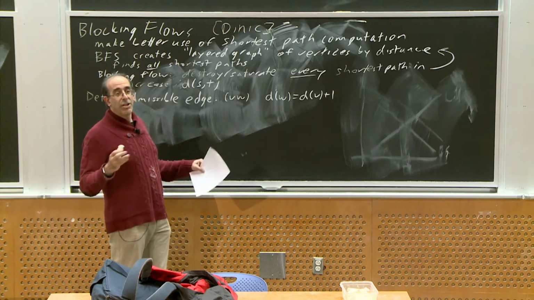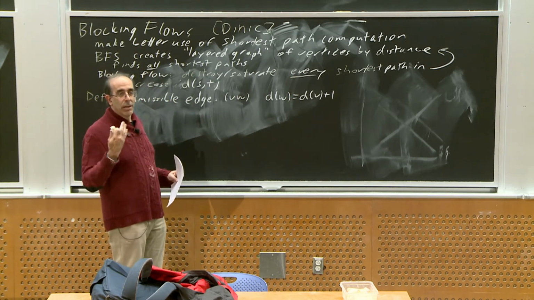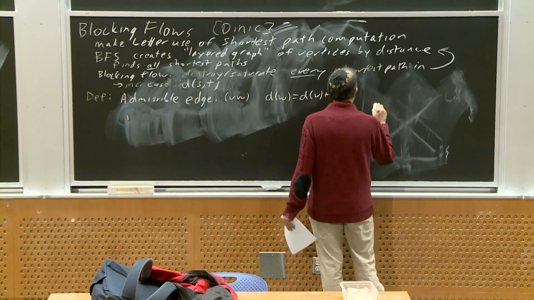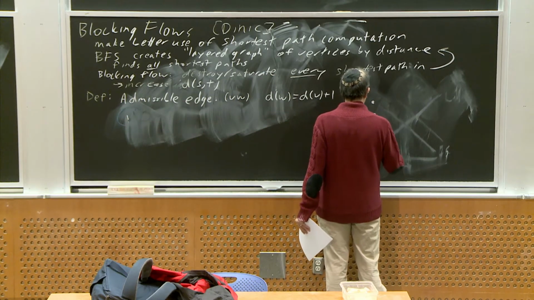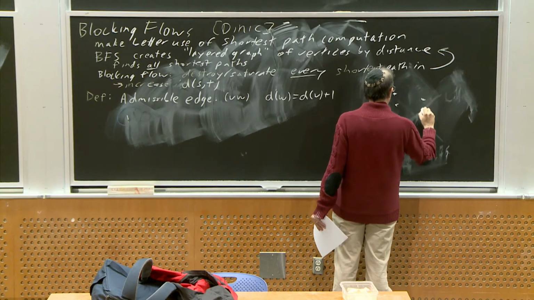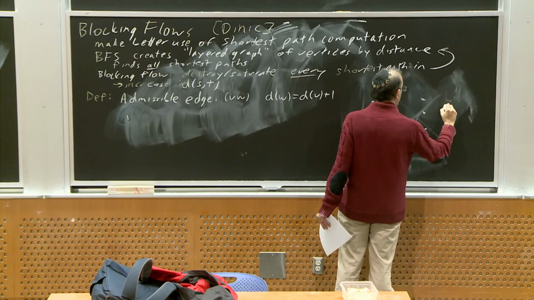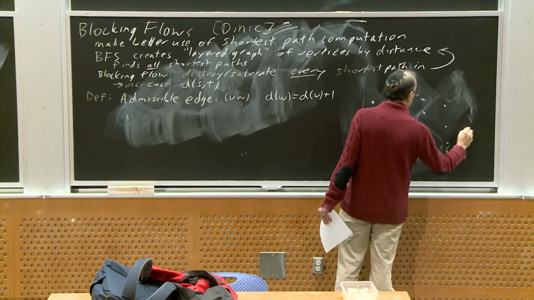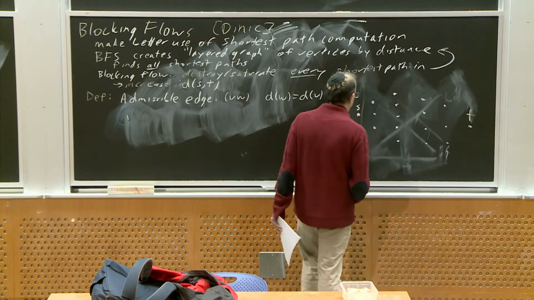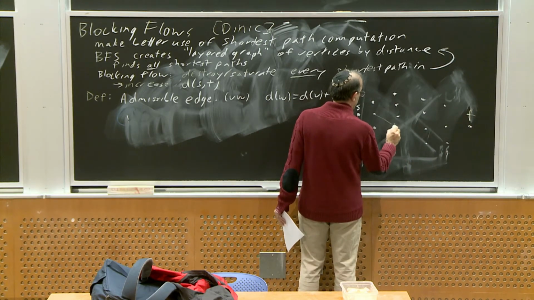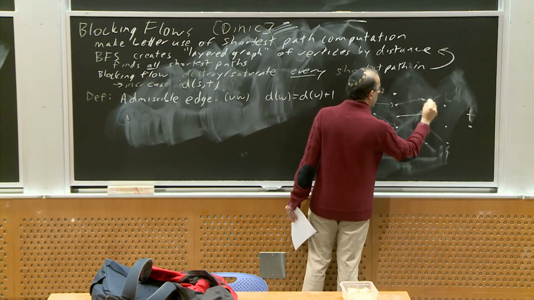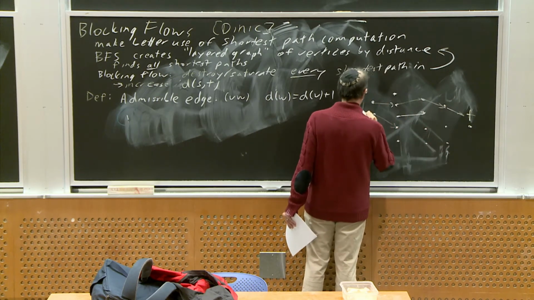So it's just an edge that is traversing forward one layer. Right? And let me start drawing my example of a layered graph so that we can talk about it. So I'm just spacing out my vertices by distance from S. Okay. And admissible edges are the edges that move forward in the graph.